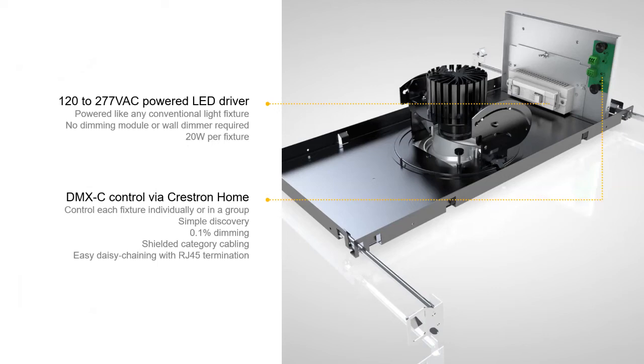Communication over the category cable is Crestron's DMX-C protocol, which is a refined version of DMX 512, allowing fixtures to work natively with Crestron HOME. Only DMX-C fixtures will work, DMX 512 fixtures will not.